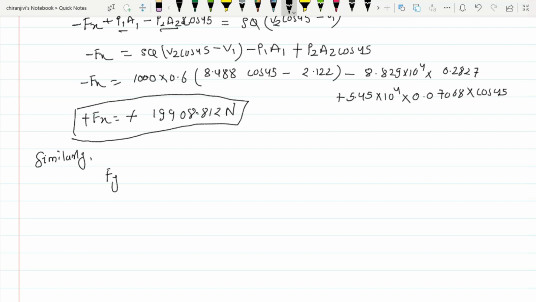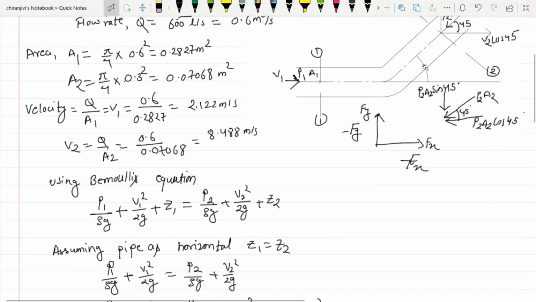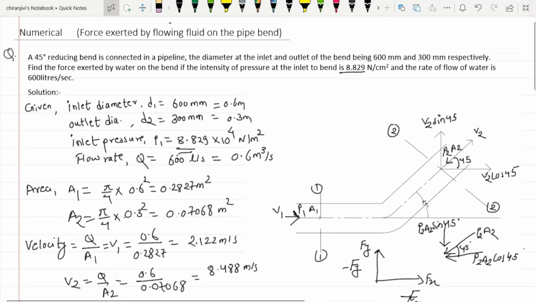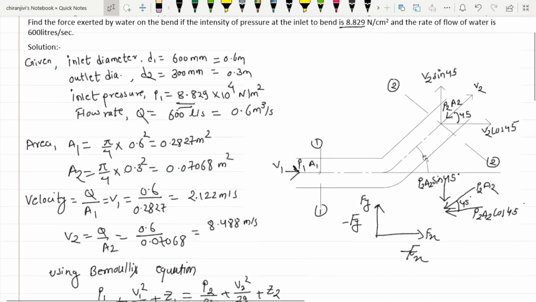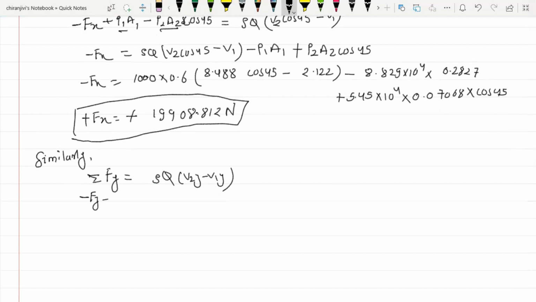Similarly, we can find the force in y direction. Summation of Fy equal to rho Q (v2y minus v1y). Here the force experienced by the fluid is minus Fy, and the pressure force is acting in downward direction. This is negative, so minus P2 A2 sin 45. So minus Fy minus P2 A2 sin 45 must be equal to rho Q v2y, the velocity in y direction.